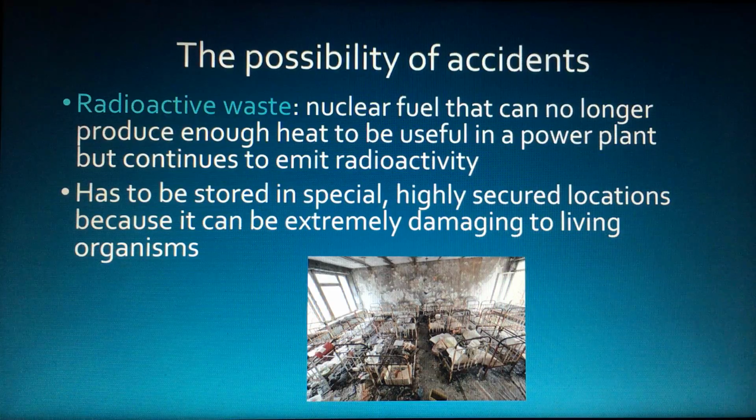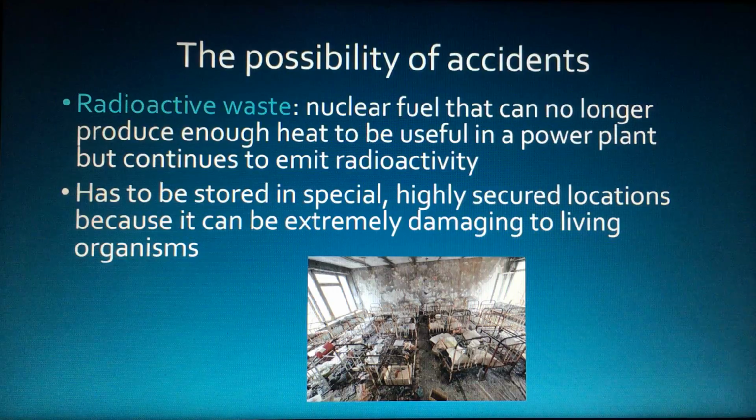One of the major cons is the possibility of accidents, and there have been a couple of accidents recently. One of them happened in the 1970s, a partial meltdown of a plant at Three Mile Island in Pennsylvania. Then a big meltdown happened in Ukraine in the 1980s, and many plant workers and firefighters died, and there were additional cancer deaths in the area.